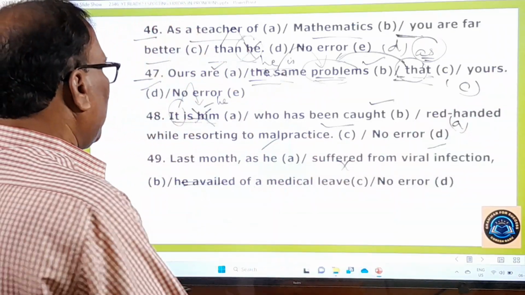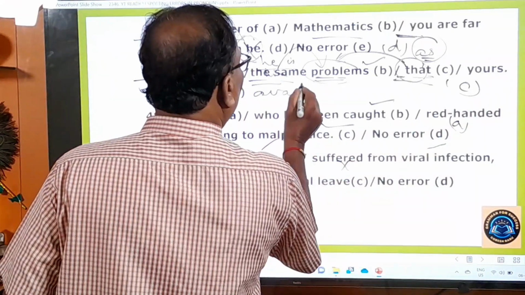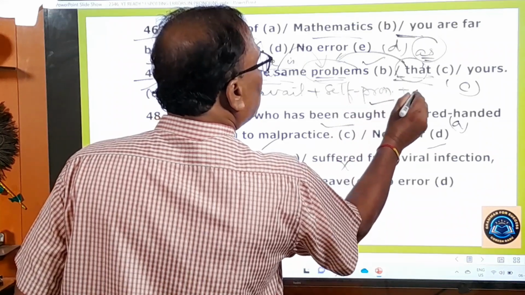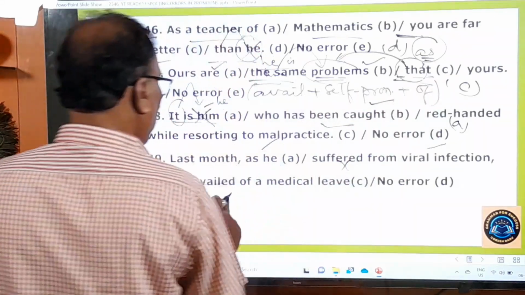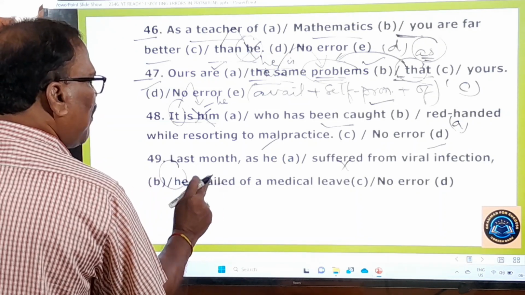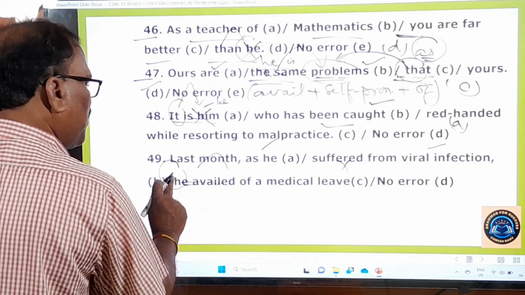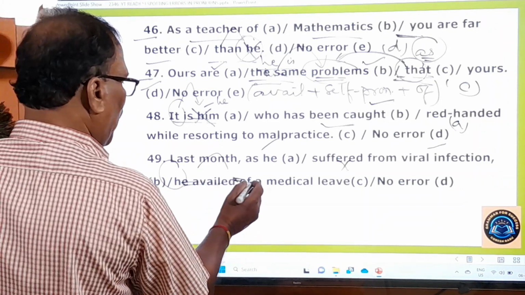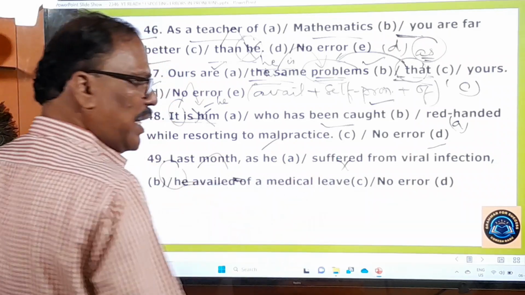This is the rule for that. Avail plus self pronoun plus of. So here, what is the subject here? He. So you have to use after avail the self pronoun of this subject. He availed himself. Of is already given, no problem. He availed himself of a medical leave.